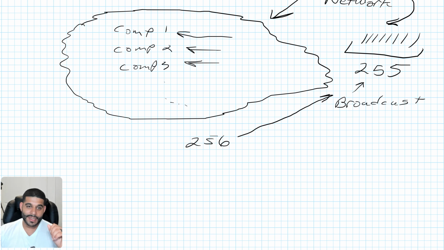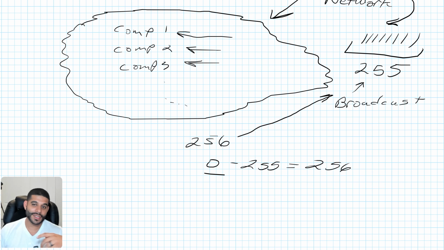Well, keep in mind, guys, zero counts as one. 0 to 255 is equal to a total of 256 different addresses. So that is why you have 255 as the last one, all ones, instead of 256. For those who didn't catch that real quickly, you always have to count that zero. That zero is a one, meaning it counts as one address. It doesn't not exist. So that is pretty cool.